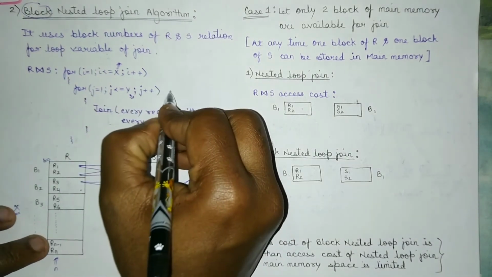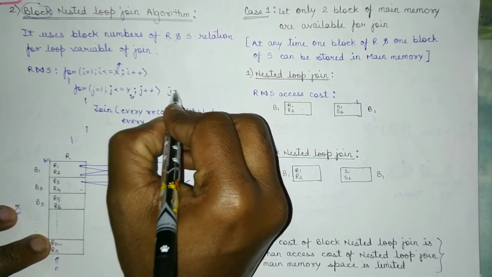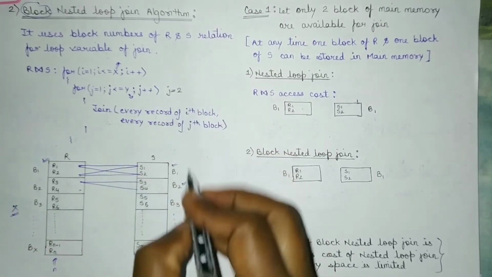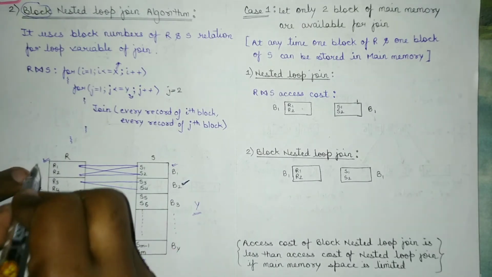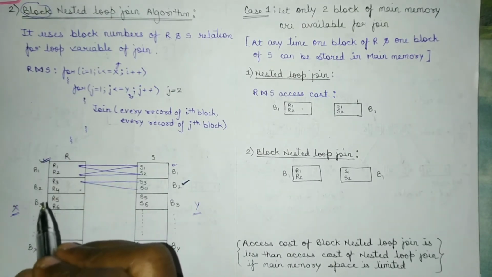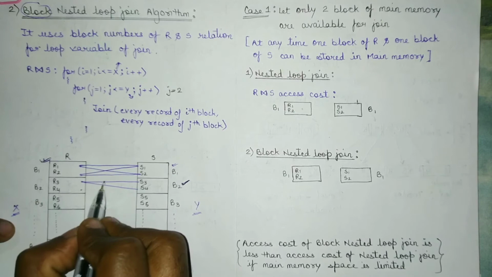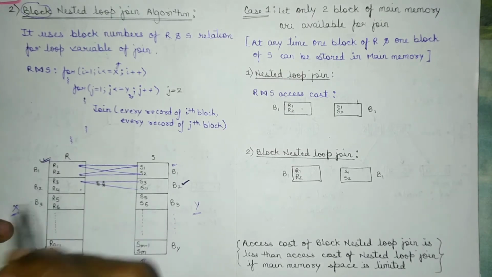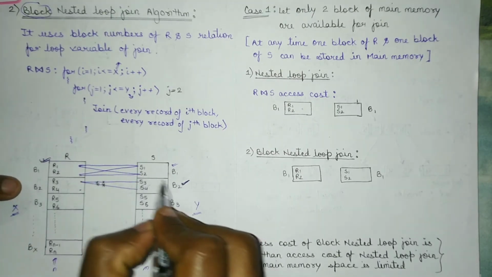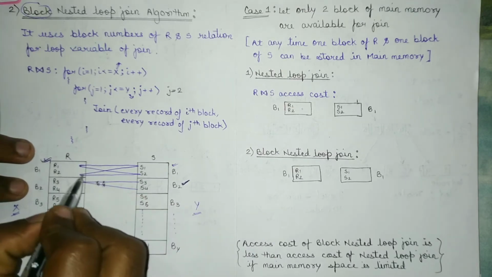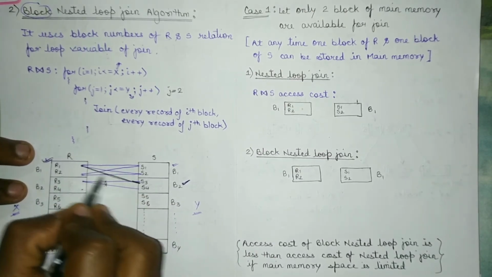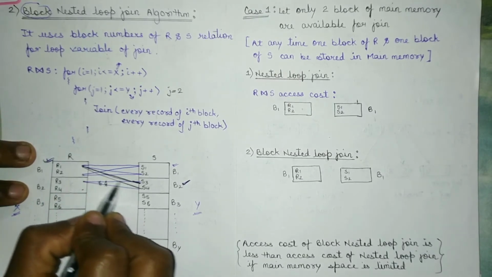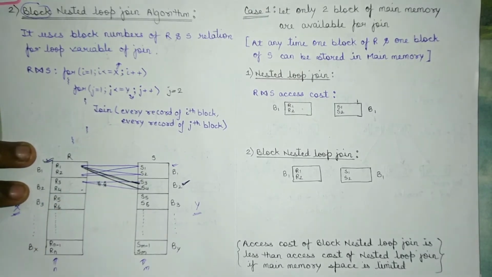Now J is incremented. So J is equal to 2 this time. So now we are on the second block of relation S. But here we are still on the first block of R. So do not get confused with it. I mistakenly did this. Now for the second block of S as well, R1 will get mapped with S3, right? And R1 will be mapped with S4.